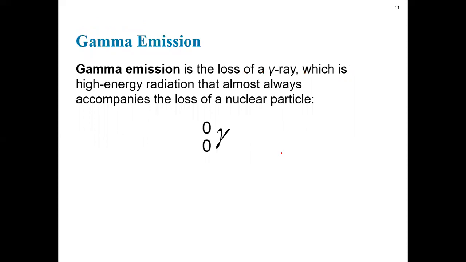Gamma emission, you probably don't write this in your equation for the nuclear reaction because it has no atomic number and no mass number. It always accompanies other decays.